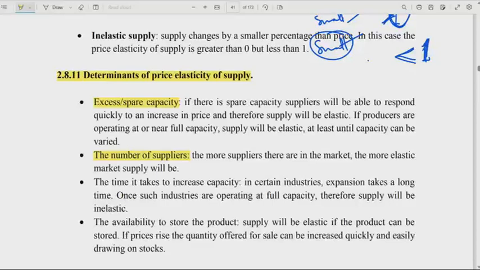And the other thing is the time it takes to increase capacity. How long does it take for you to increase capacity? In certain industries, expansion takes a longer time. Once such industries are operating at full capacity, their supply will be inelastic.